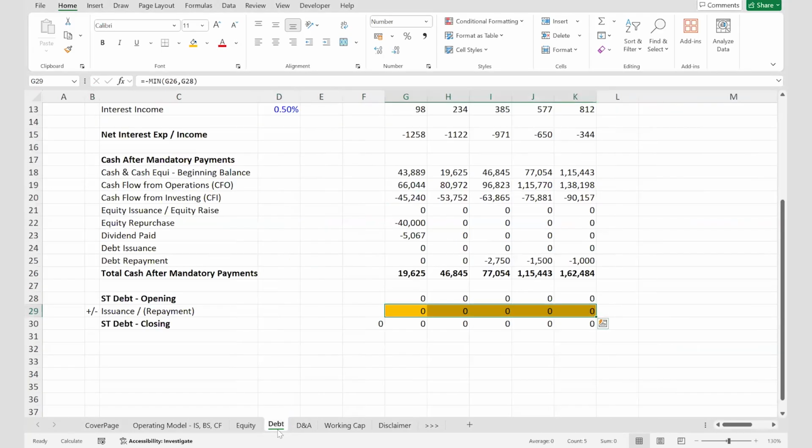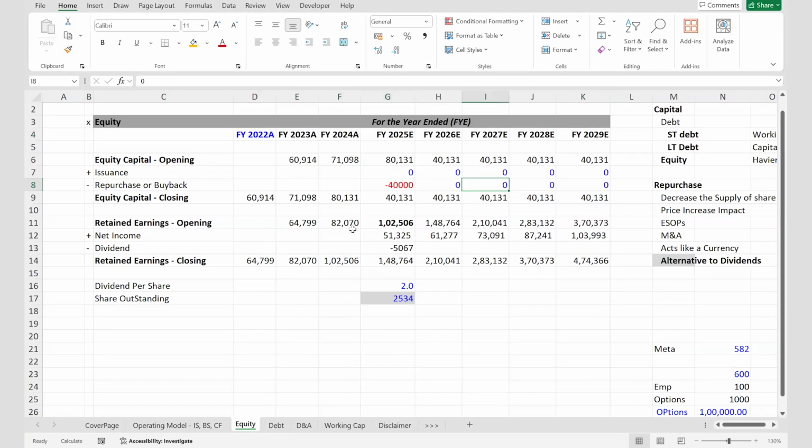And here also you need 50,000 or 60,000 of repurchase. Again, just as a dummy. I'm keeping dummy numbers as red. Here, suppose you are doing a dividend payment of 20,000.